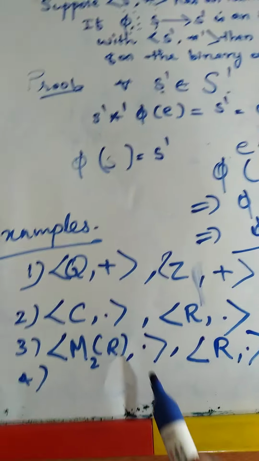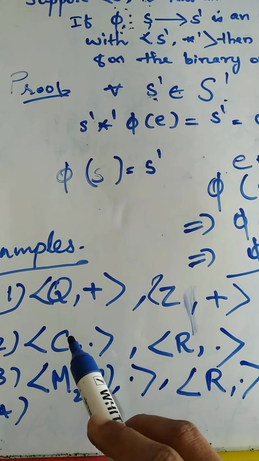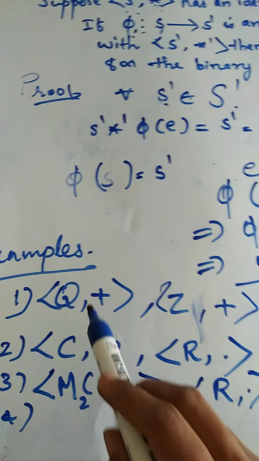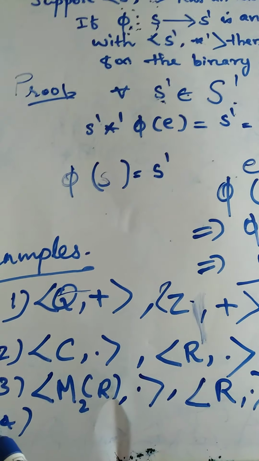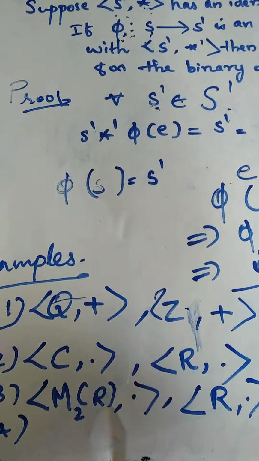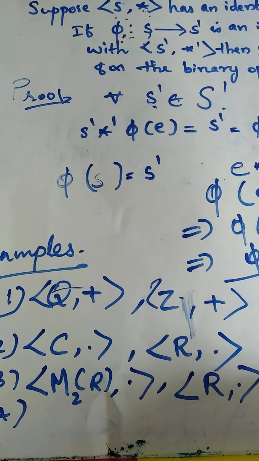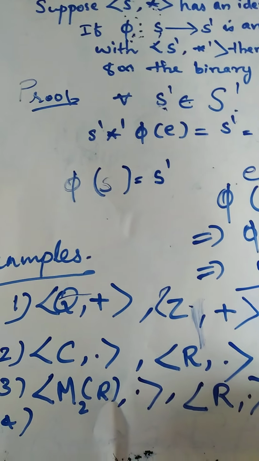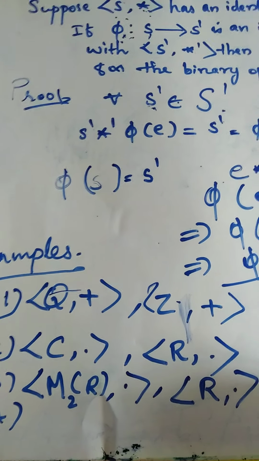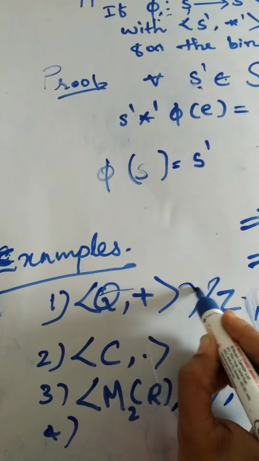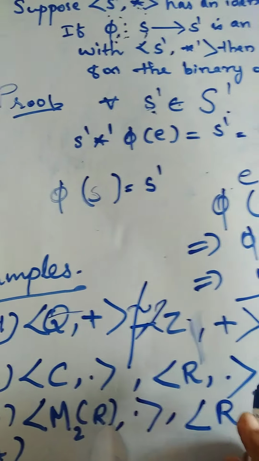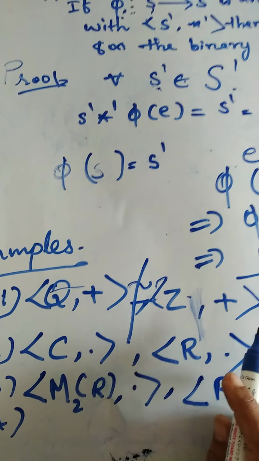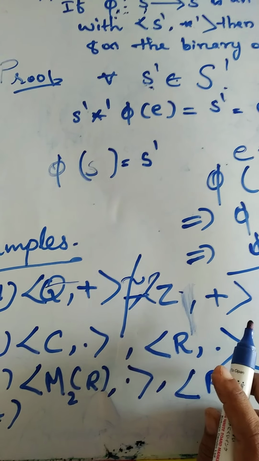Can you say whether these two algebraic structures, Q plus and Z plus, are isomorphic? Q plus and Z plus are not isomorphic. Why are they not isomorphic?